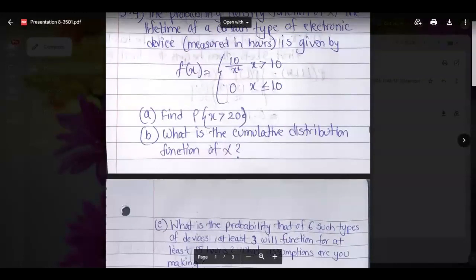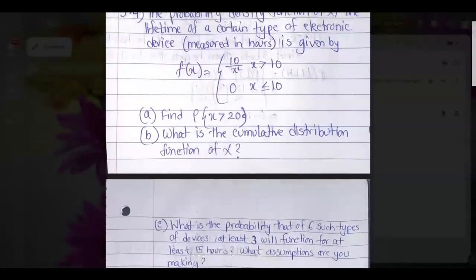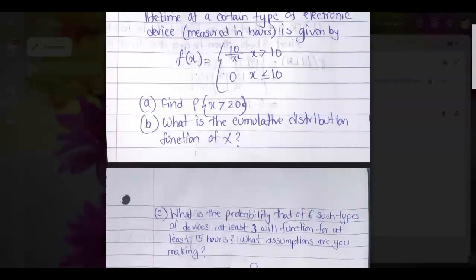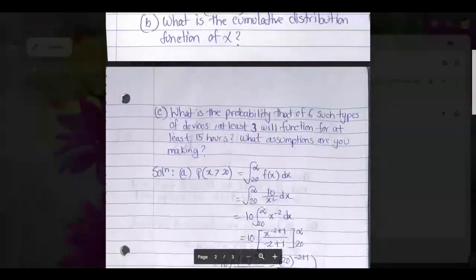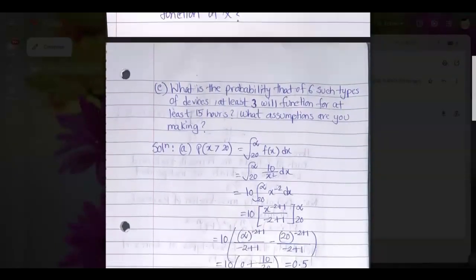We have to find the probability that x is greater than 20, and the cumulative distribution function of x. And part C: what is the probability that of 6 such types of devices, at least 3 will function for at least 15 hours? What assumptions are you making?